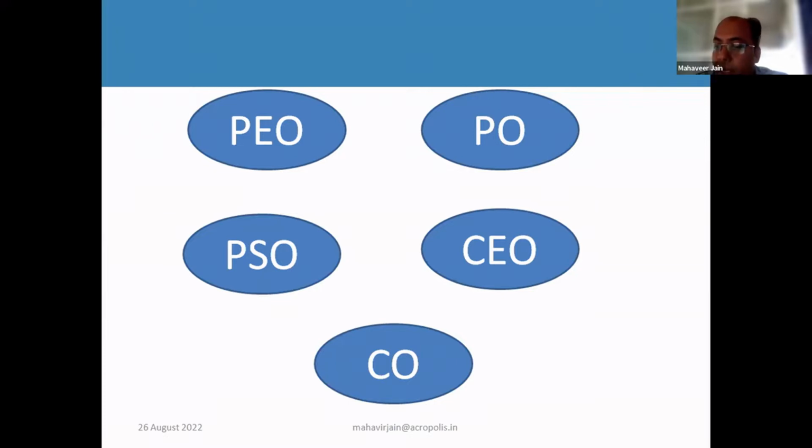I need to identify which courses are more related to my program. So depending on my PO and PSO, I can identify those courses that should align with my PO and the PSO.